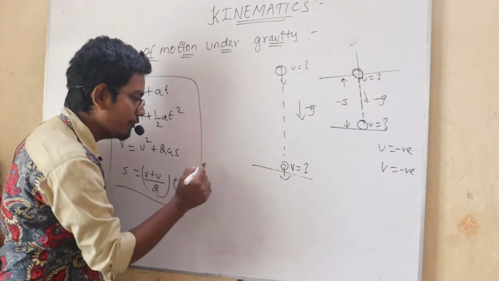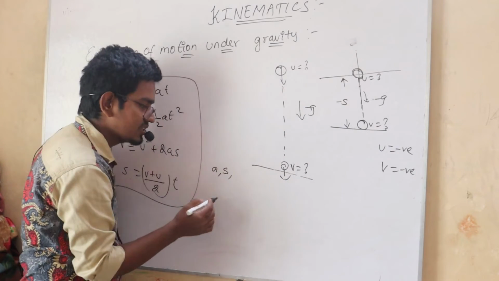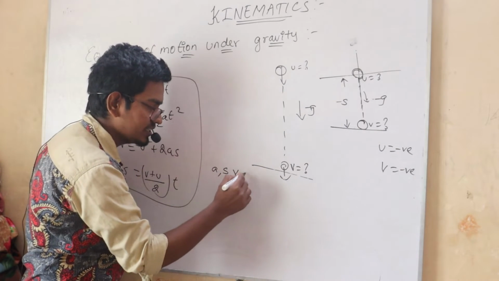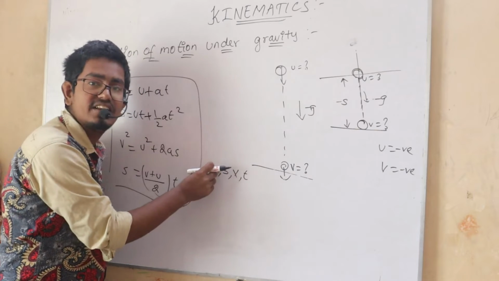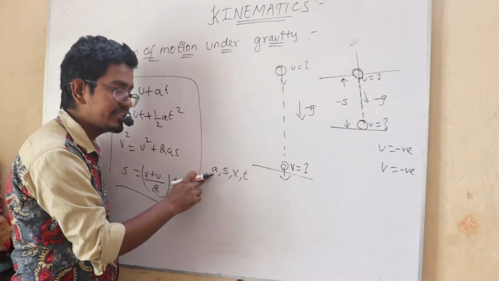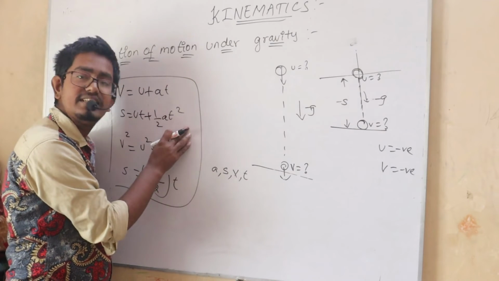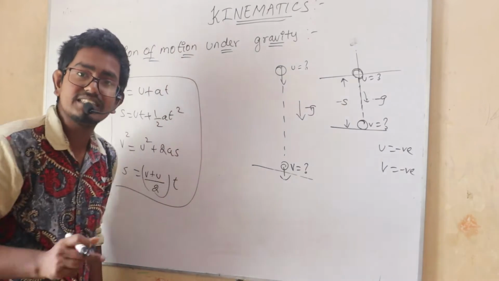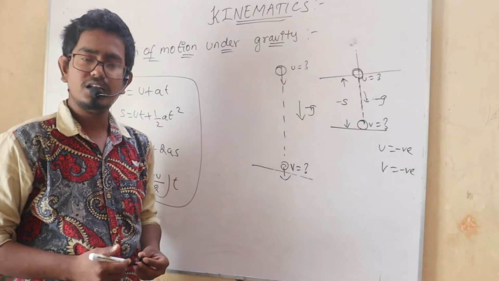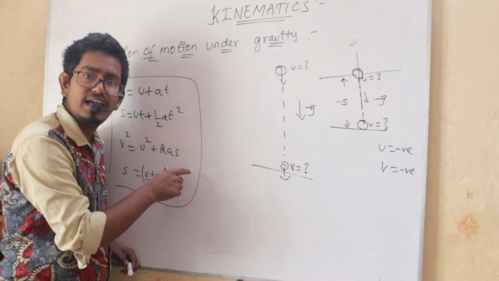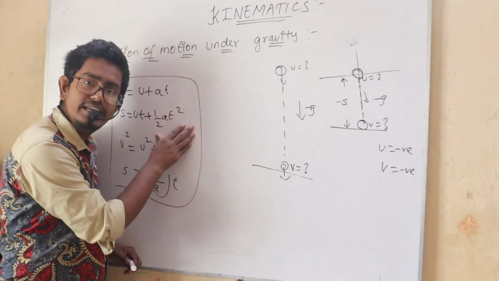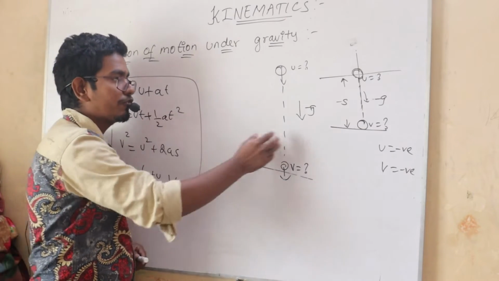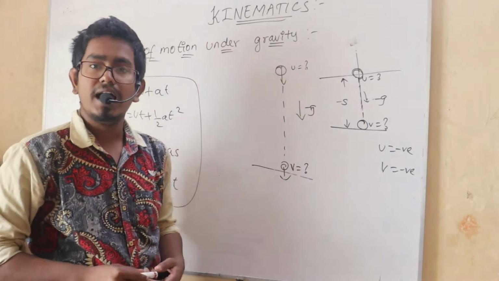I told you already we have 4 parameters: acceleration, displacement, velocity, time. In this I made the acceleration constant, and after making the acceleration constant, I found these kinematic equations. That means these kinematic equations hold at constant acceleration. So my acceleration is constant, so I can use the kinematic equations for finding the equations of motion under gravity.